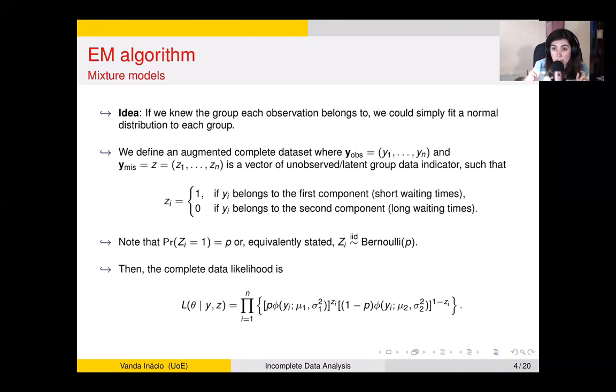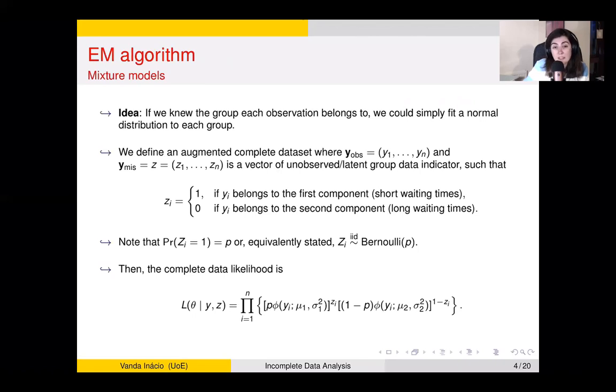And so let's bring a further variable to our problem. Let's define Z, which is an unobserved or latent variable, a group indicator, in the sense that we do not observe Z, and Z takes the value by construction.